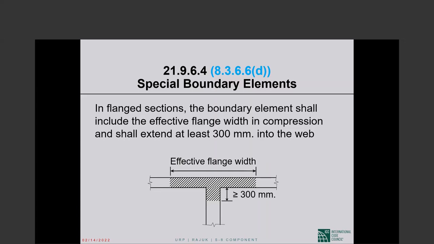For story height, I do not know that we have a standard notation in either 318 or ACI. We have used H sub S, things like that, but it is never H sub W. H sub W is the total height of the wall.